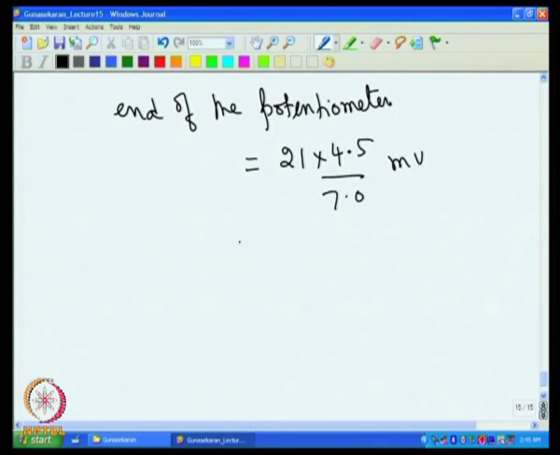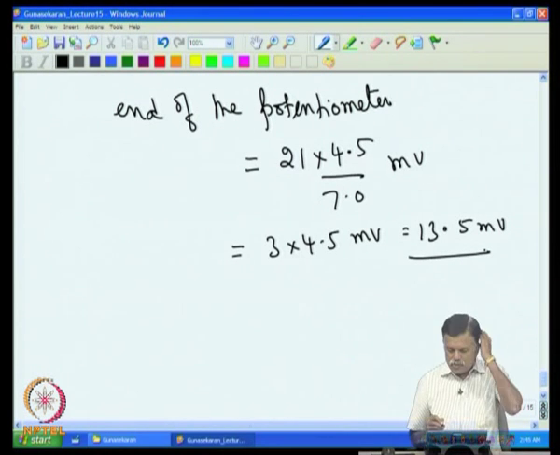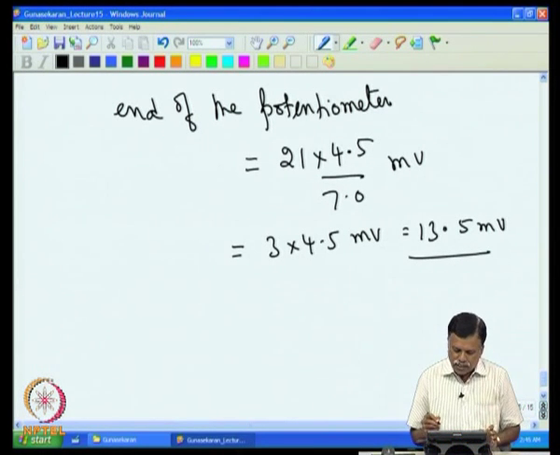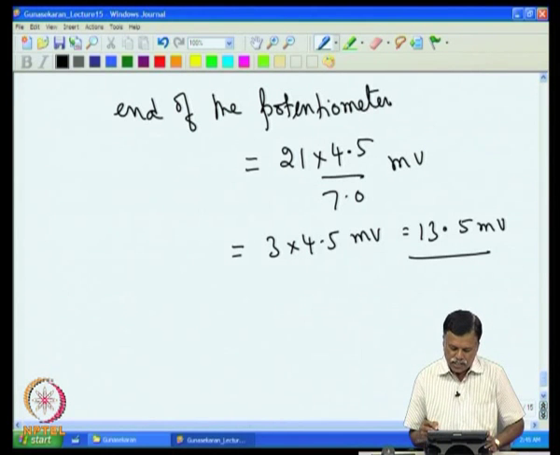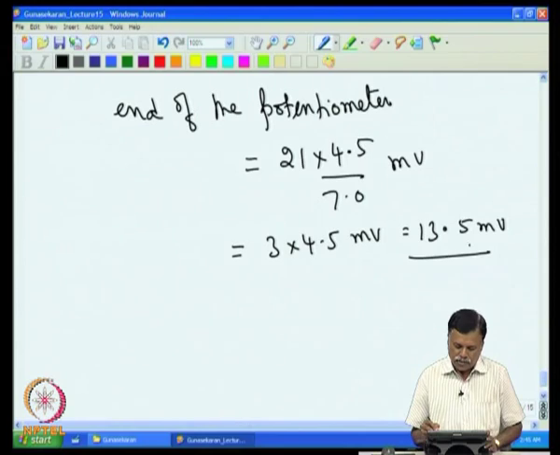That comes to 3 into 4.5 millivolt, that is equal to 13.5 millivolt. We will have 13.5 millivolt change expected at the top end of the potentiometer.